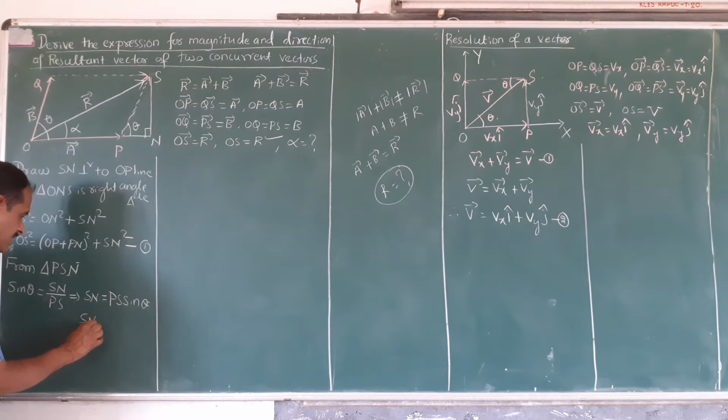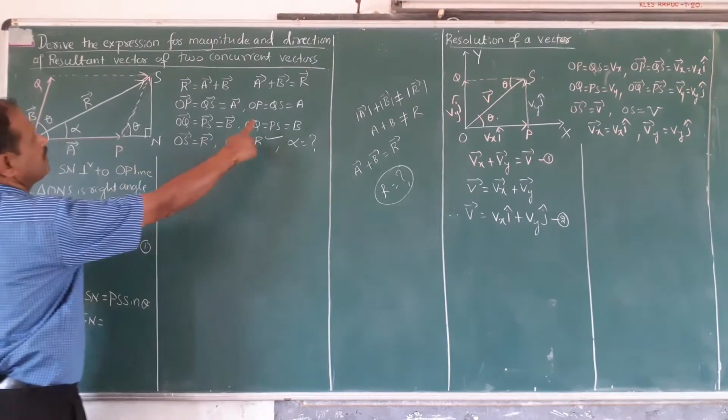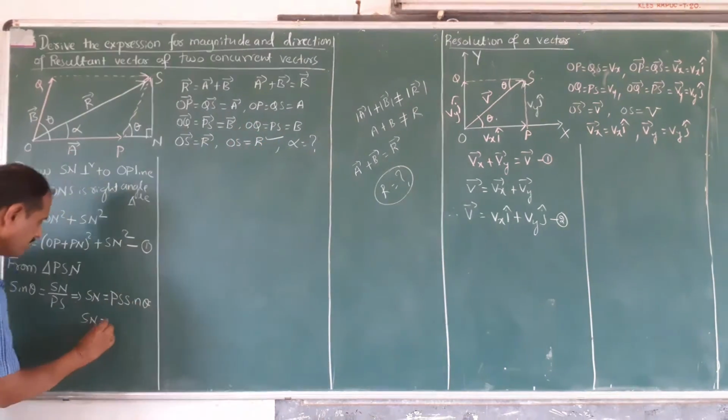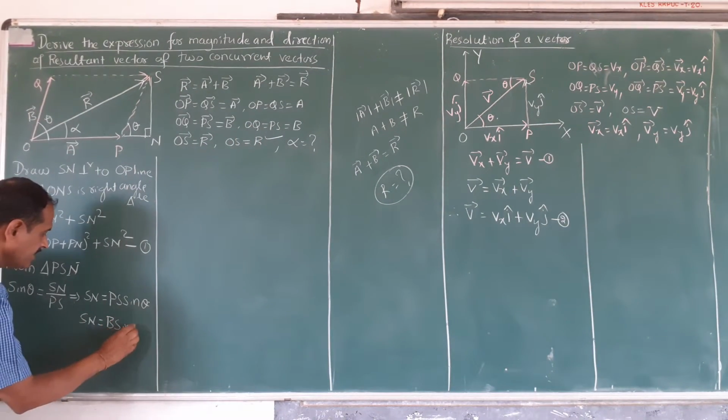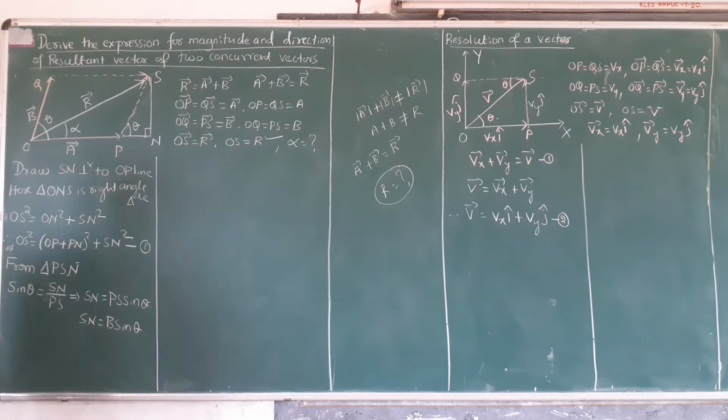Therefore, SN is equal to, PS is what? PS is B, so SN is equal to B sin theta. Now cos theta is adjacent side PN divided by hypotenuse PS.